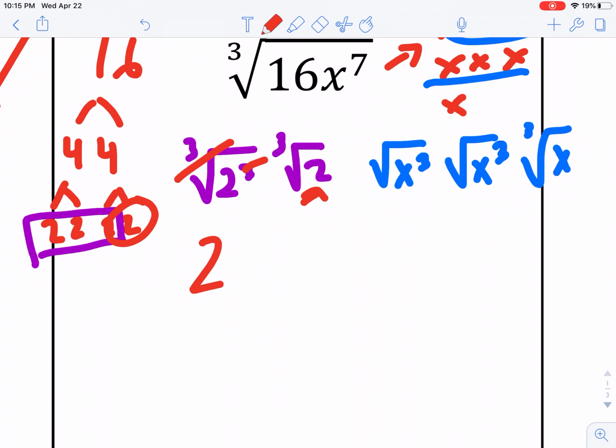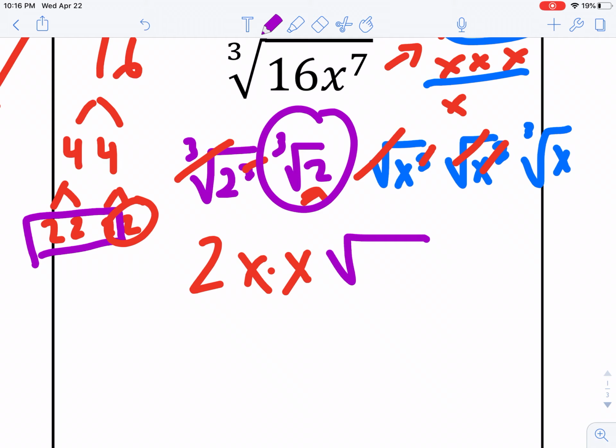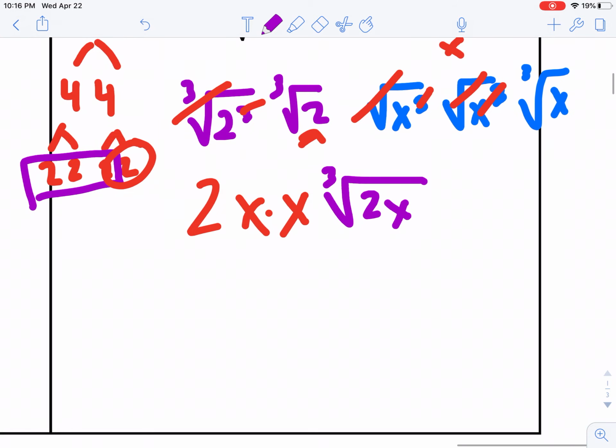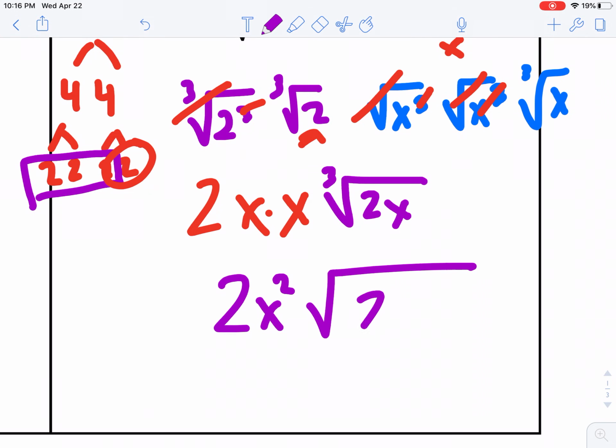So I have a 2 here. This one cannot cancel because there's a 3 outside and there's nothing inside. These ones cancel, so I have 2 x's. And then leftover this one, this one. So your answer is 2x to the second power, and then 2x on the inside with that little 3 up there.